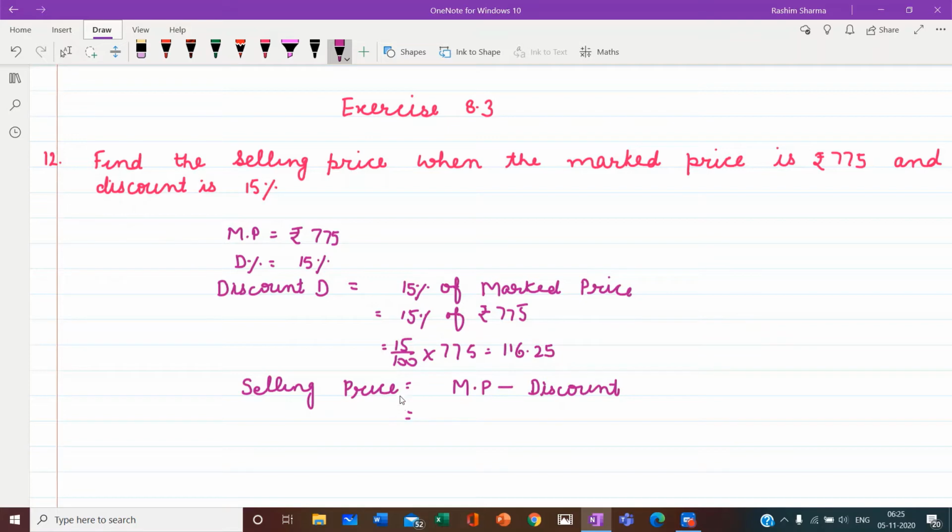Okay, now the question is to find the selling price. So selling price is equal to MP minus discount. So MP is rupees 775, and when we do minus 116.25, we get here as rupees 685.75.